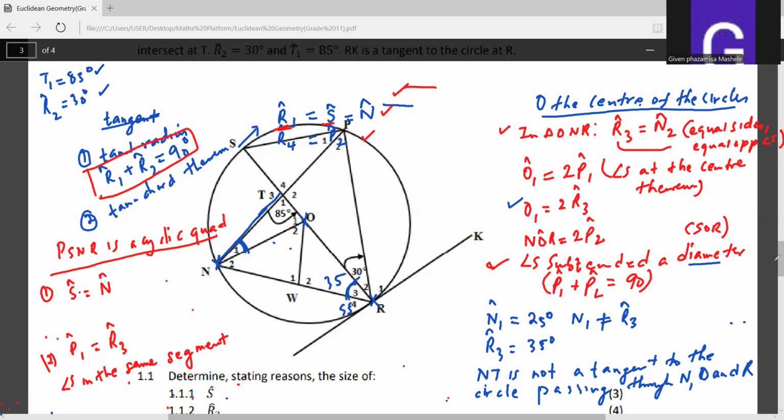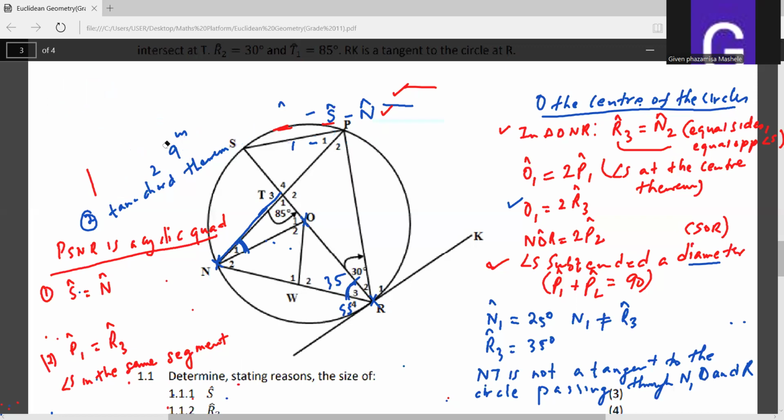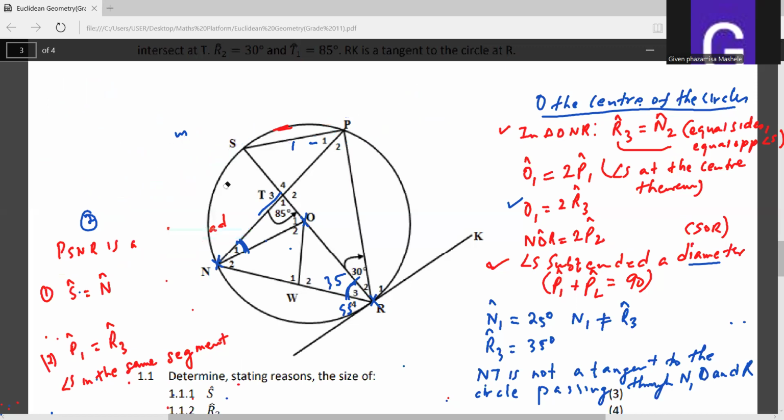Okay. So now let's move on to the next question. But because of time, guys, I will leave you to do the next one, but I just want to guide you. There's one thing that I did not talk about, that I want to talk about: the issue of parallel lines.